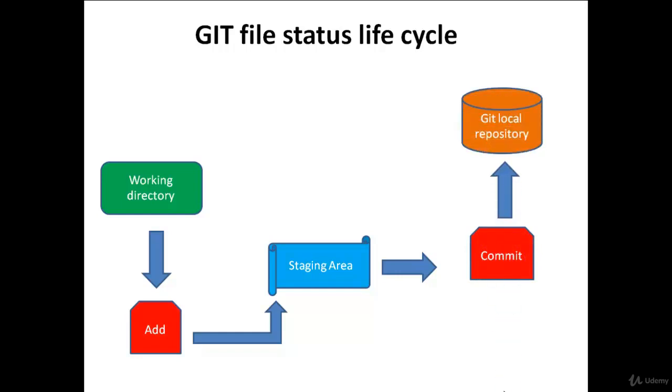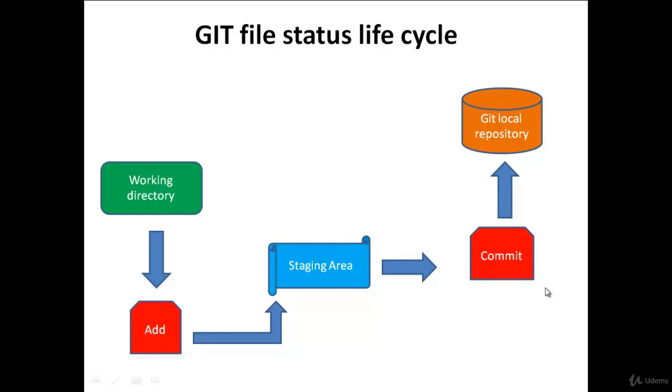Once they are in the Git local repository, from there we need to check in this code to the Git centralized server, to the GitHub server, right? So this is the entire Git life cycle, for our project in the working directory to be committed onto GitHub via the Git client.